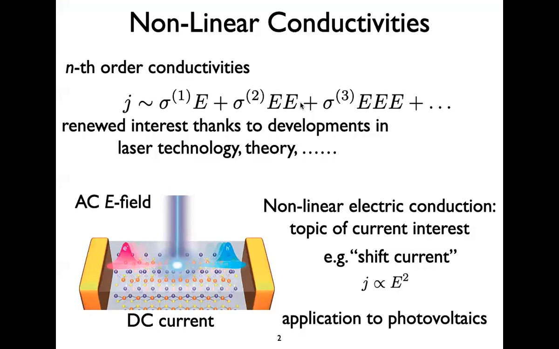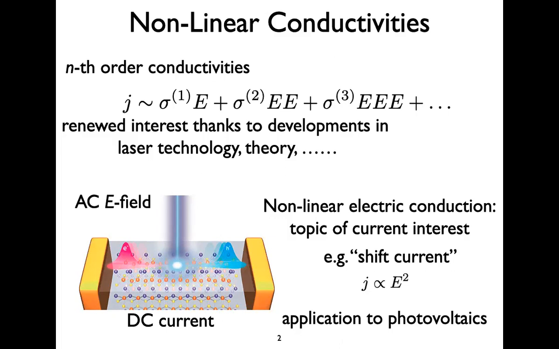First, a very rough motivation. Of course, conductivity is one of the most basic properties of a material, and for many years, most of the studies have focused on the linear conductivity.